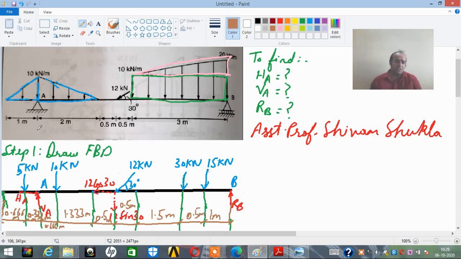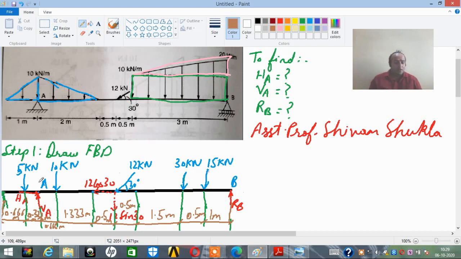Just for checking whether the calculation is correct or not, let us tally the entire length of the beam. 1 plus 2 is 3, 3 plus 1 is 4, plus 3 is 7. Again, if I take all these distances, by default the length has to come.